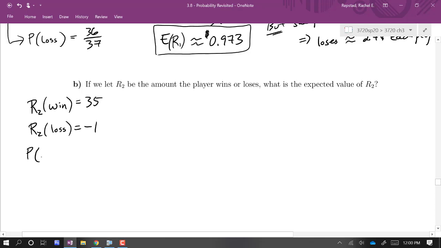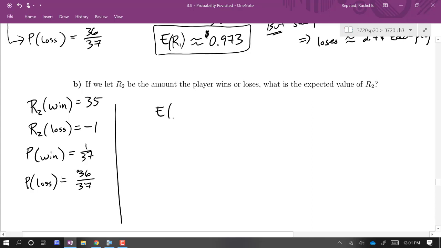The probabilities are the same. Probability of a win is still 1 out of 37. The probability of a loss is still 36 out of 37. So now the expected value of R2 is the sum of R2 of x times P of x.